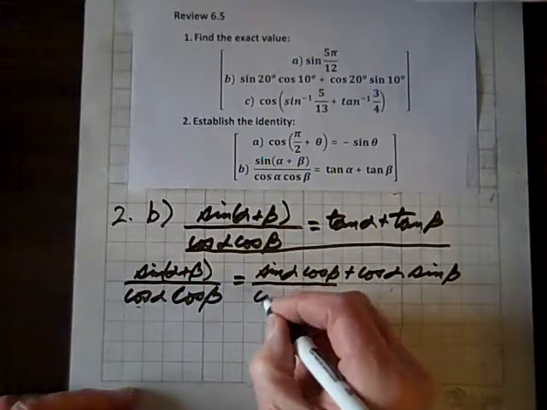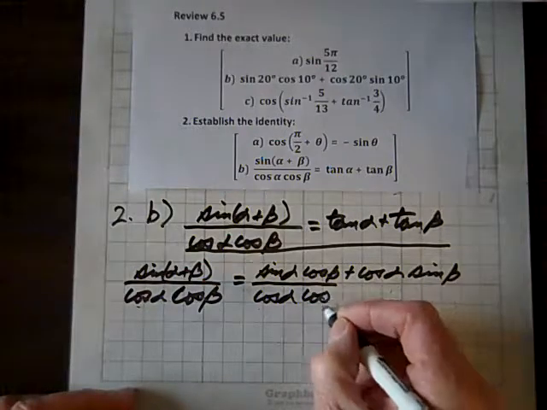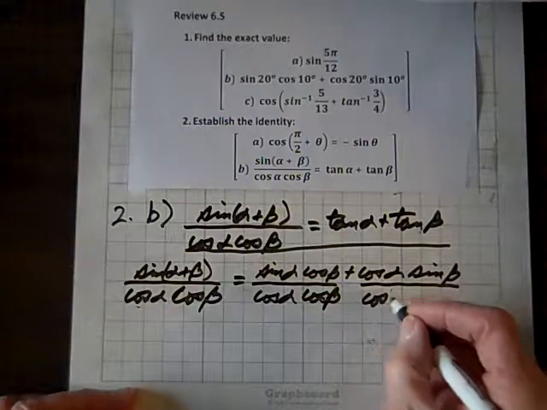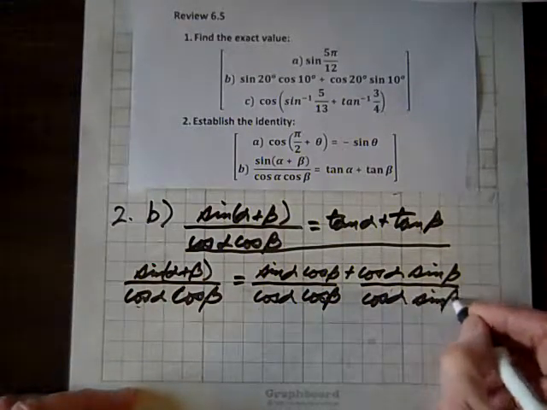So cosine of alpha, cosine of beta, and cosine of alpha, cosine of beta.